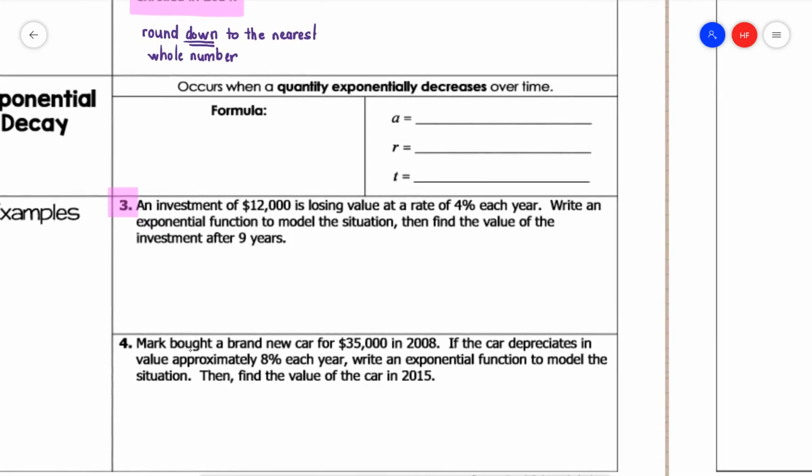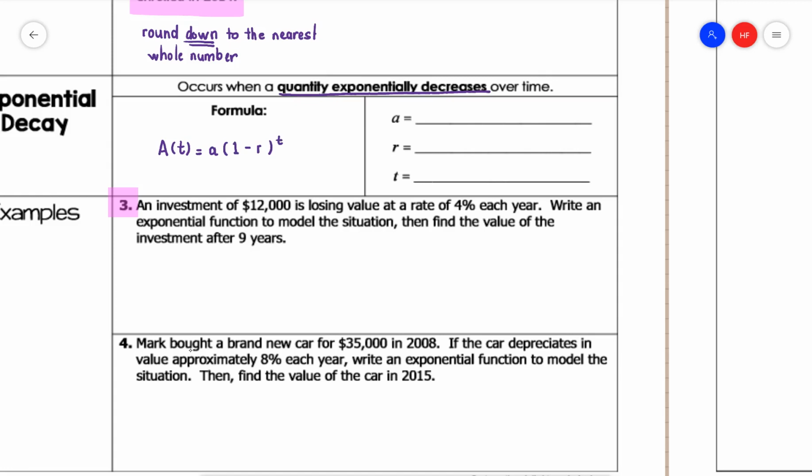So on the next group, we're doing exponential decay. So on these, the value is decreasing. So we've got a quantity exponentially decreasing over time. And what's good about the exponential growth and decay is that they use the same formula, except one is minus and one is plus.